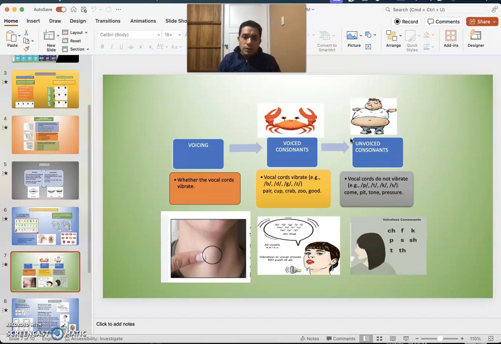And the unvoiced consonants, in which the vocal cords don't vibrate, with absence of vibration during production, for example calm, pit, tone, pressure.